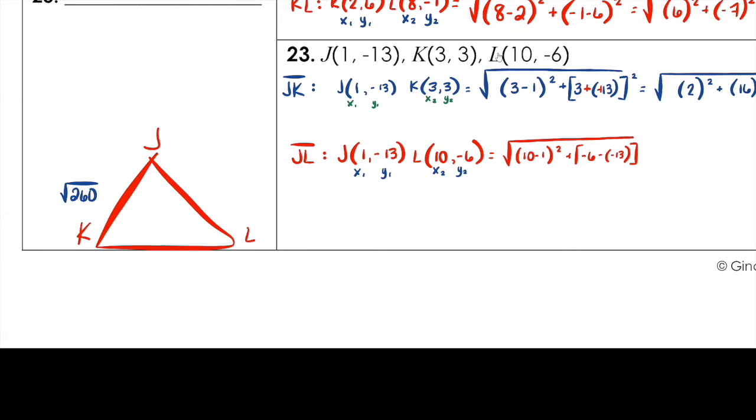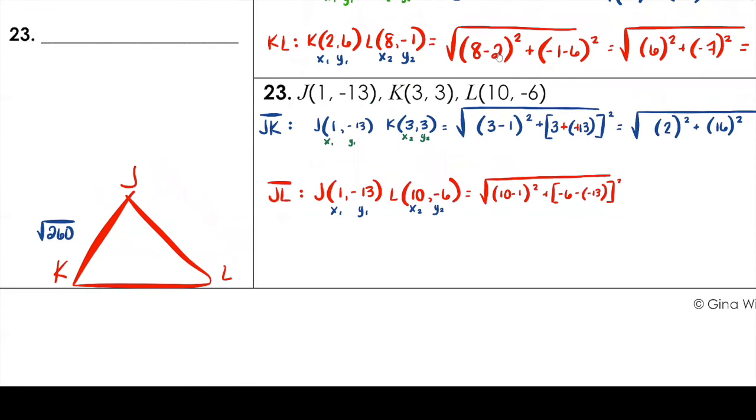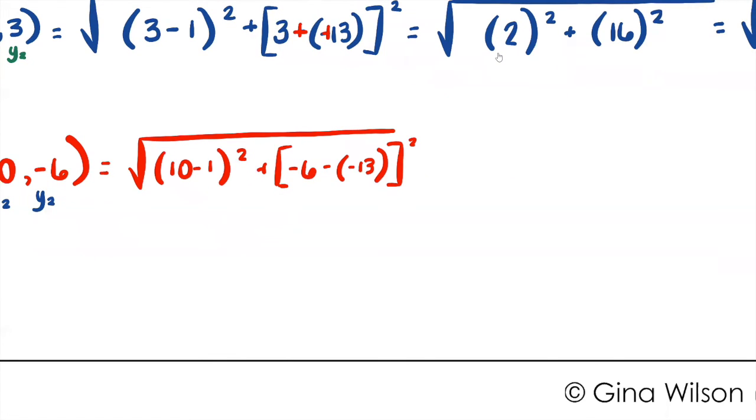There's a lot of negatives happening. Why are there brackets? Because there's a parenthesis inside. So when we got a negative negative, we make a plus plus.